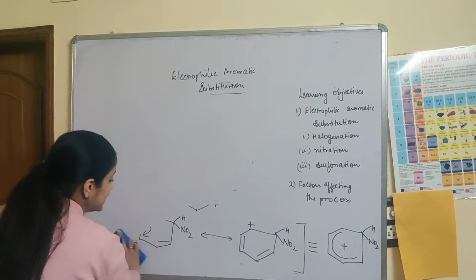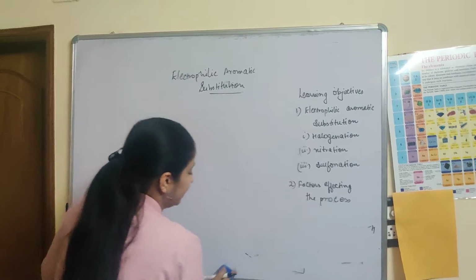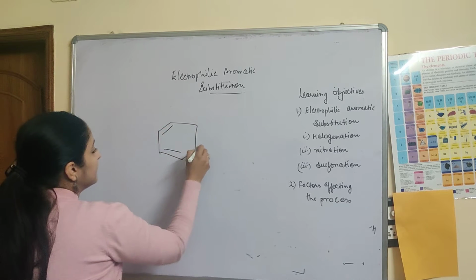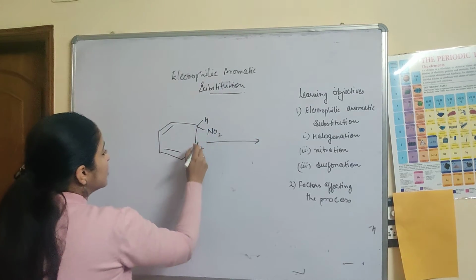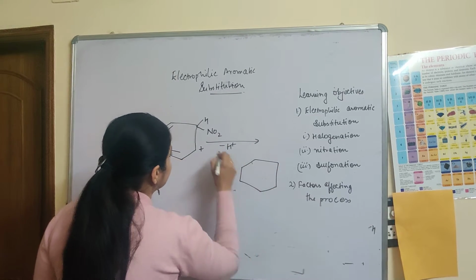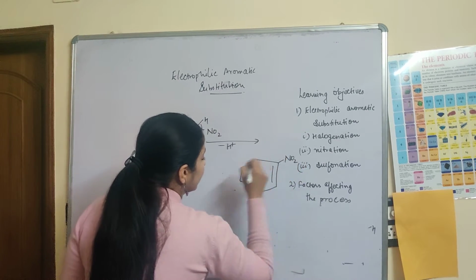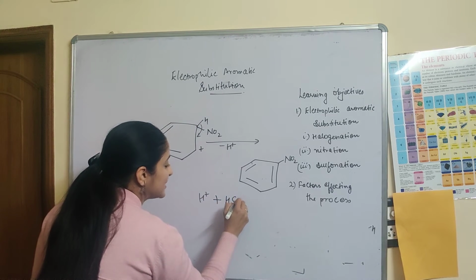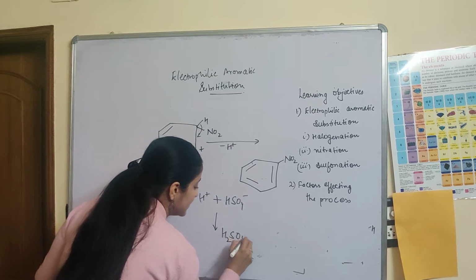So I'll redraw this intermediate here. We have this intermediate, students. You can show the loss of H+ and it's going to form this. This H+ which comes, and you remember HSO4- being generated in the first step, it was the catalyst, and H2SO4 is regenerated.